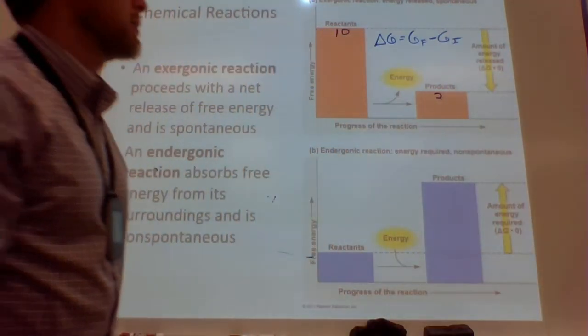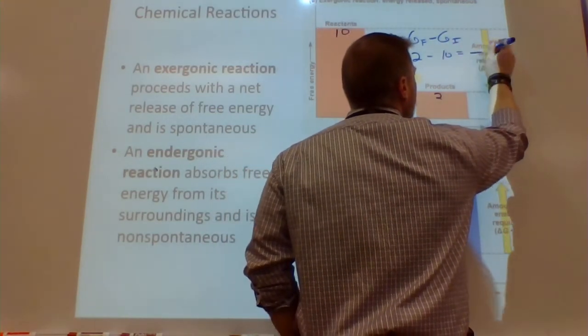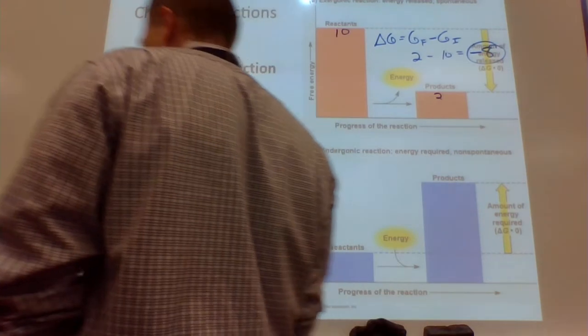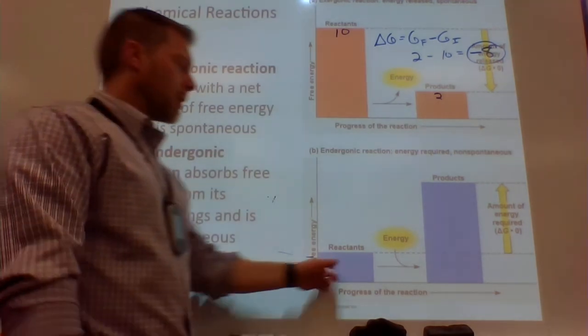So you would do 2 minus 10, which gives you negative 8. Since delta G is negative, that means that this reaction is exergonic. It means that this reaction is giving off energy, or we would refer to it as being what? Spontaneous. Exergonic or spontaneous, interchangeable.